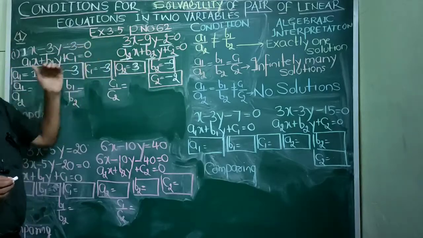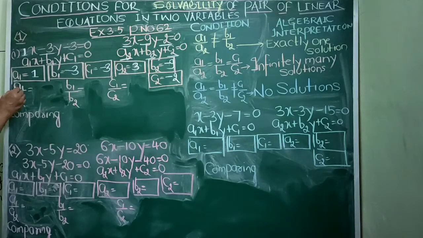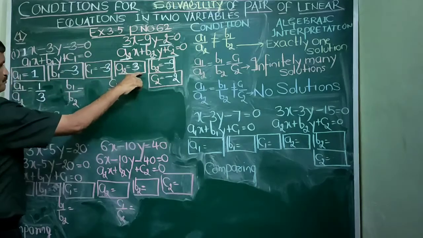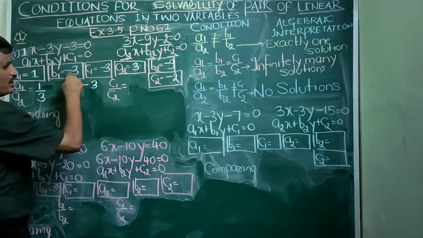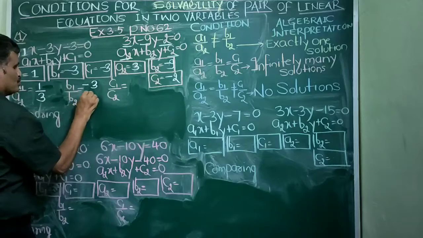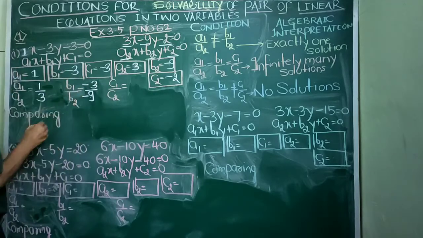Now the first step is to write the equations, compare the coefficients, find the values of A1, B1, C1, A2, B2, C2, then compare the ratios. For example, here A1 by A2 will be 1 by 3, B1 by B2 is -3 divided by -9.